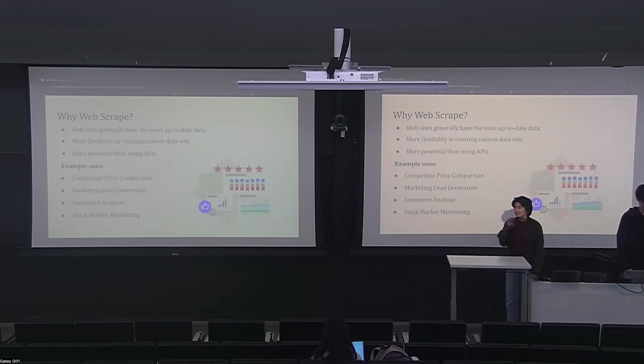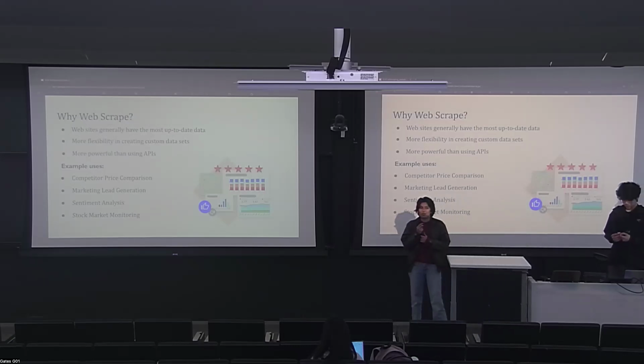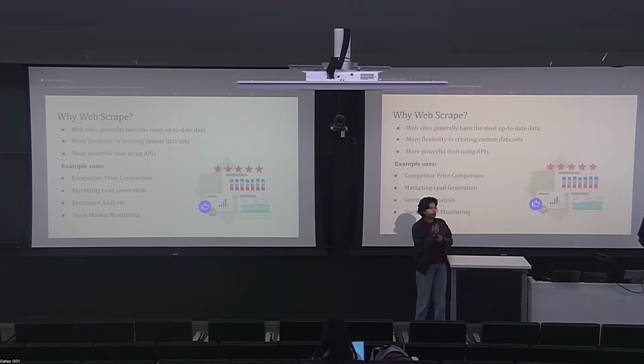Why do we actually need to do this? Well, web scraping is generally a lot better than using Kaggle in some places. I assume most of you have worked with data sets in some regard, or you probably will. And in most cases, you end up using Kaggle to get a pre-made data set. The issue with that is that for one, it's not up to date, and second, it doesn't always have what you need.